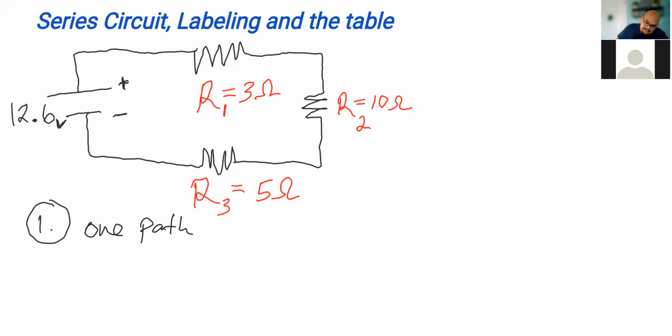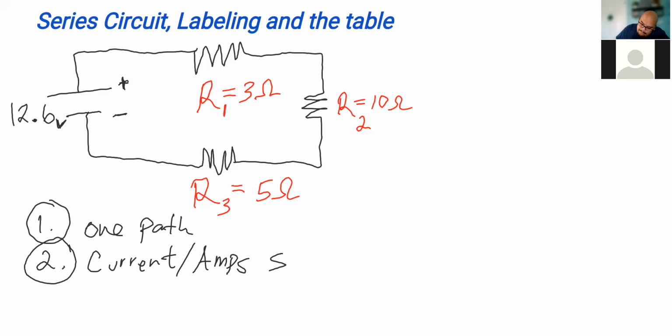Second characteristic is that current, or like we like to call it as well, amps, is the same everywhere. Current, dash, amps, same or equal in every location.